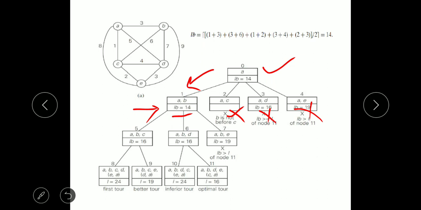So next we shall try to include edge A to B and B to C in the Hamiltonian cycle. How do we calculate the lower bound of it? Starting from vertex A, we are including the edge A to B, which means we include its cost, that is 3, plus the next lowest edge with the cost 1, so 3 plus 1.